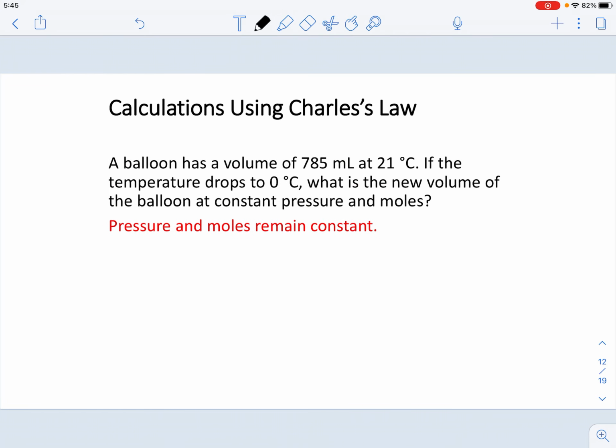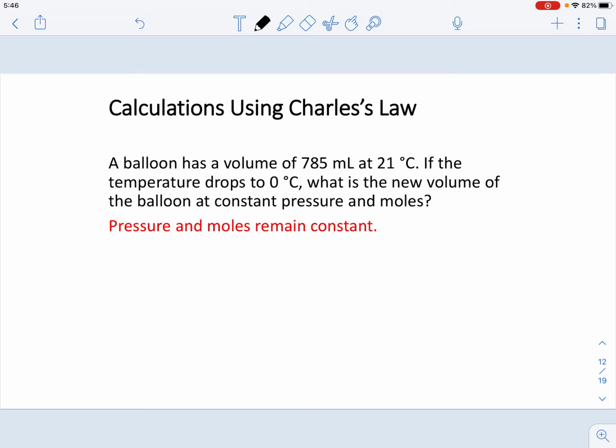As you can see here, the problem states a balloon has a volume of 785 milliliters at 21 degrees Celsius. If the temperature drops to 0, what is the new volume of the balloon at constant pressure and number of moles?